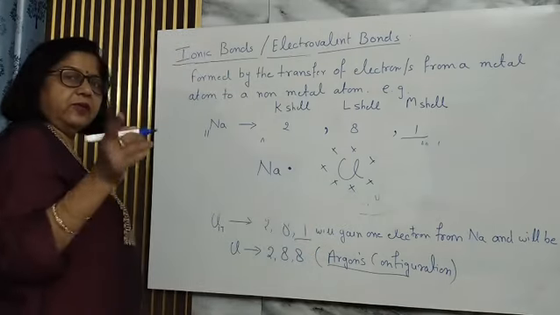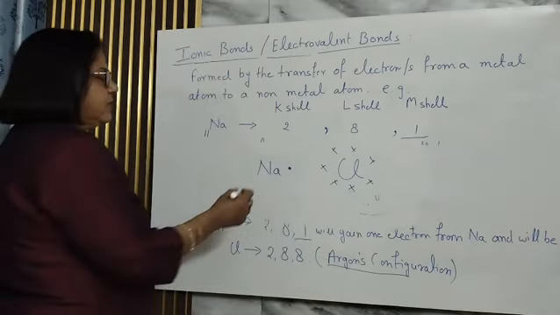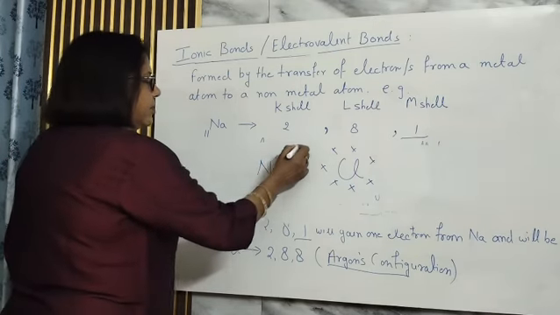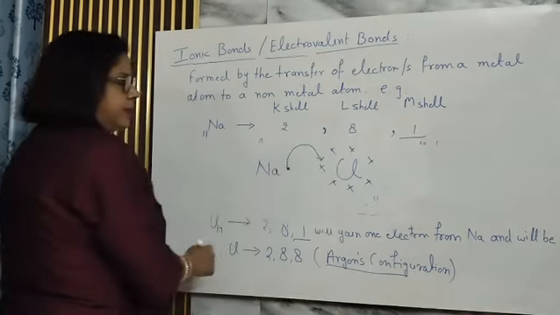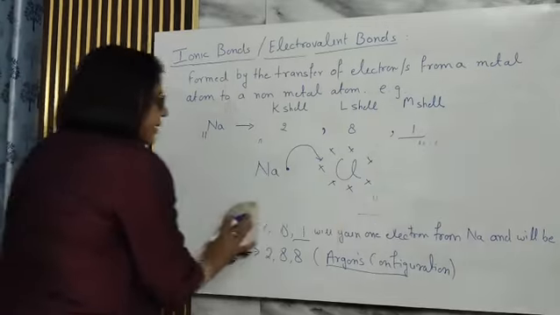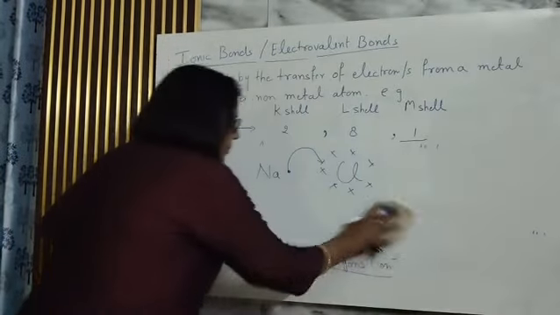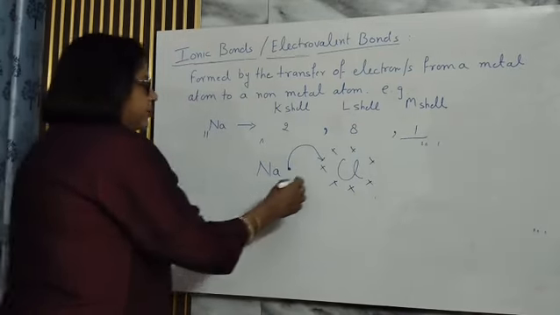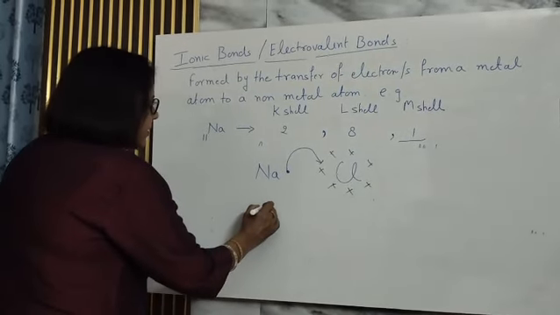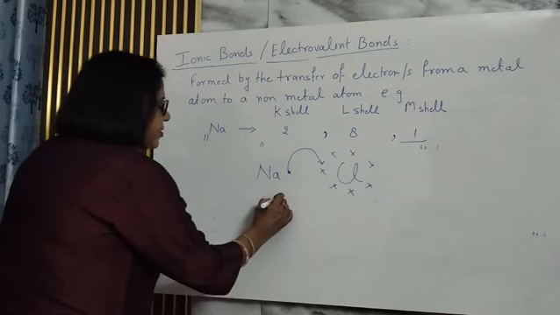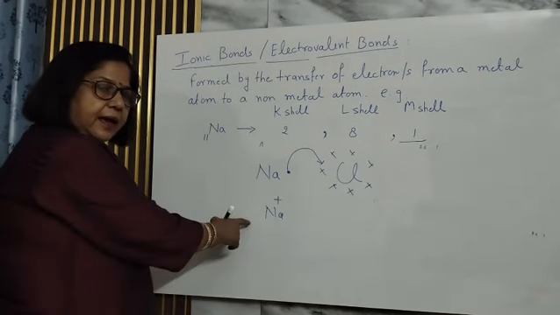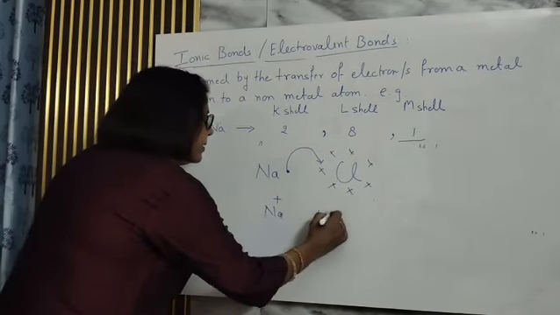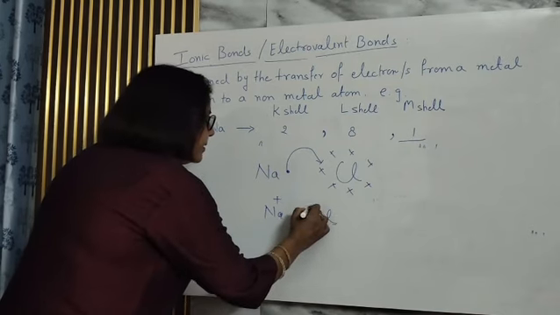Now there will be the transfer of electron from sodium to chlorine. And then what will happen? Sodium will carry a positive charge, a cation, and chlorine will carry a negative charge.